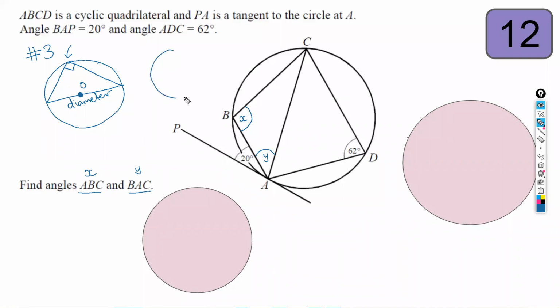So if I have this in the exam, and I never said this was a diameter, and I never even bothered to put a dot, you cannot assume it's a diameter just because it looks something like a diameter. So it would be wrong to say that this angle is 90 degrees. That would be wrong because it's not a true diameter. So with that in mind now, try to find a different way of finding X.